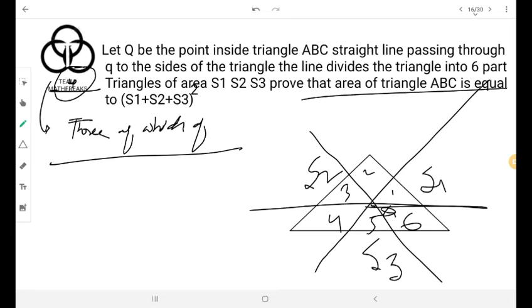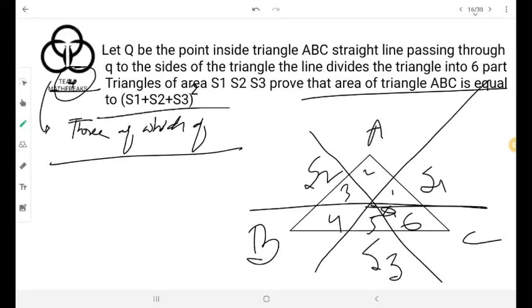Prove the area of the triangle. I guess I have explained the question: Q is any point, lines parallel to the sides divide the triangle into 6 parts, and we want to prove this. The question is very clear to you guys.